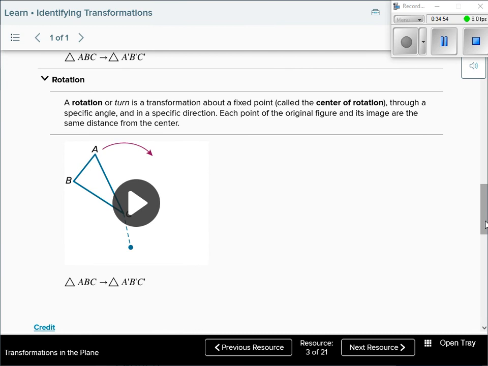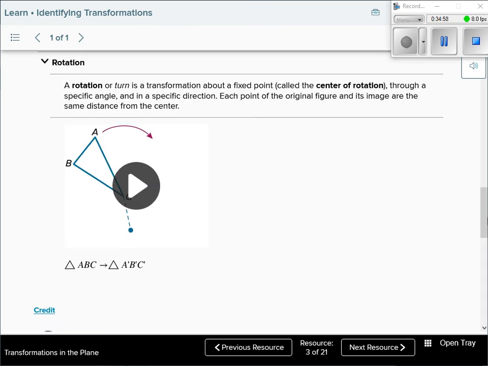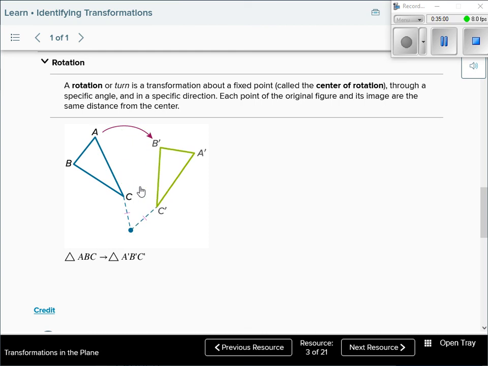A rotation. Rotation, we're spinning it around. Later on in the year, we'll do something with this, and we'll do it a whole lot more difficult than just on a coordinate system. On a coordinate system, there's a set of rules, and we're going to go through those rules today. But if you're doing it freehand like this right here, it makes it a whole lot harder.